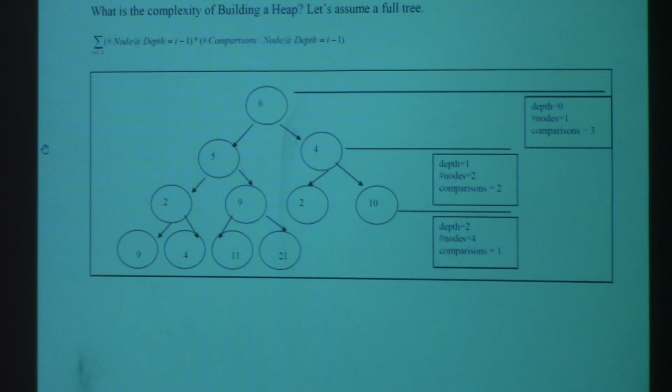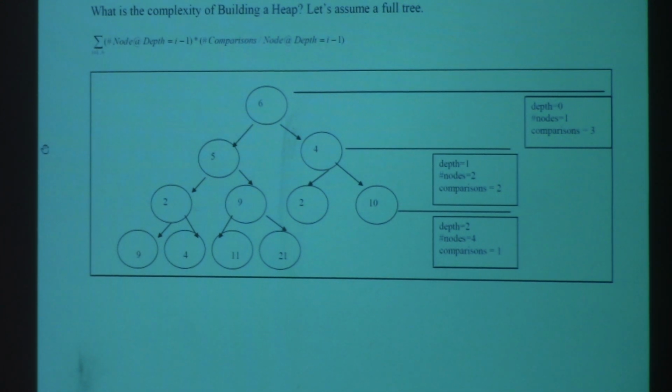When we go to depth 1, we have 2 nodes, the 5 and the 4. In terms of swapping down, because we're going bottom up, by the time we attack 5 and 4, they only have a chance to go down 2 units. So depth 1 has 2 nodes and 2 comparisons.